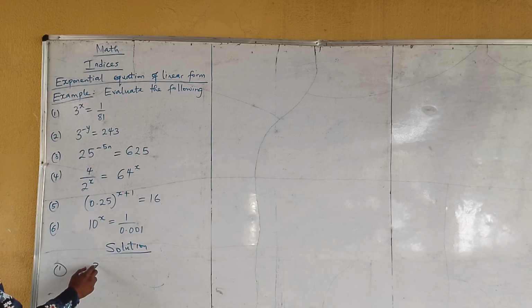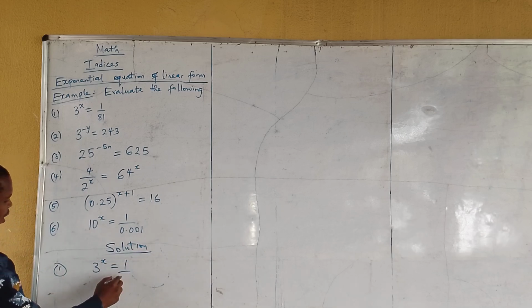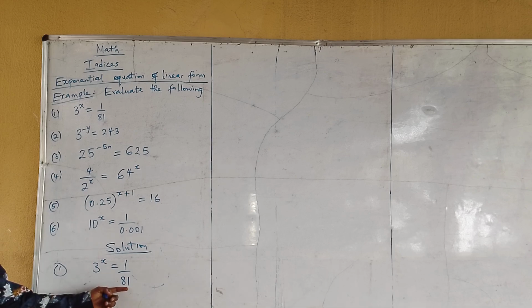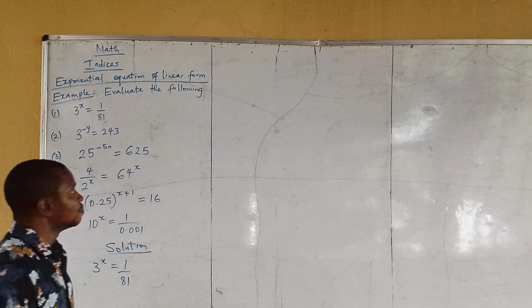In question 1, we have 3 raised to power s is equal to 1 over 81. Don't forget that we are going to express 81 in index form, as the product of its prime factors in index form, and that will be 3 raised to power 4.